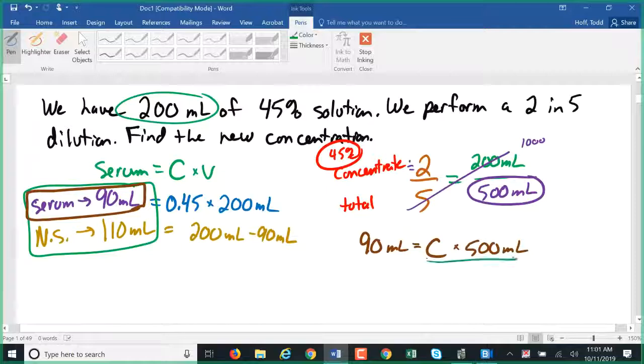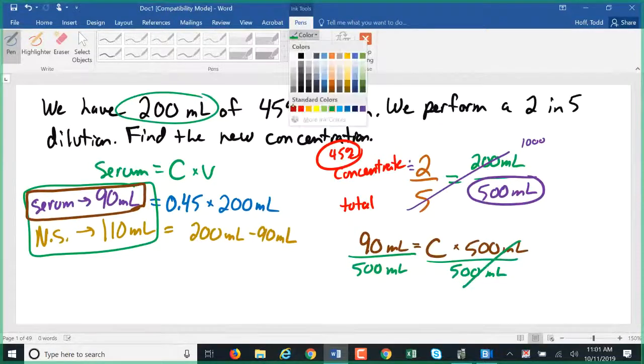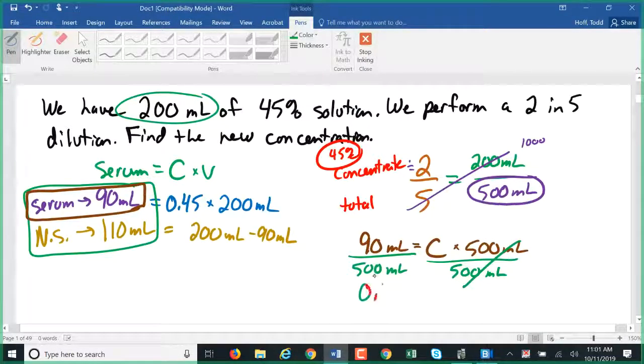Solve for the concentration by dividing by 500. $90 divided by 500 is 0.18. So a concentration of 0.18 or 18%. The new concentration of that solution is 18%.